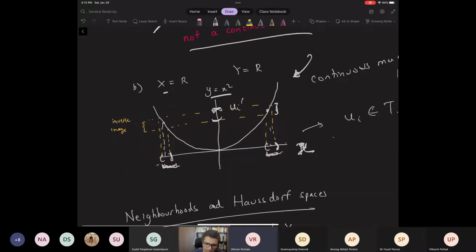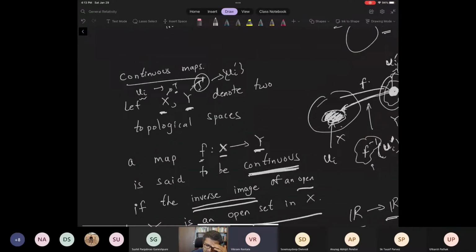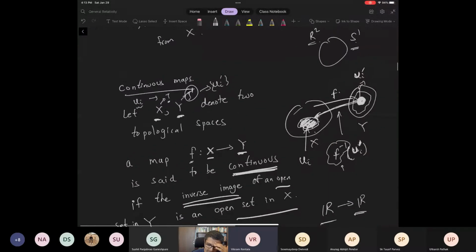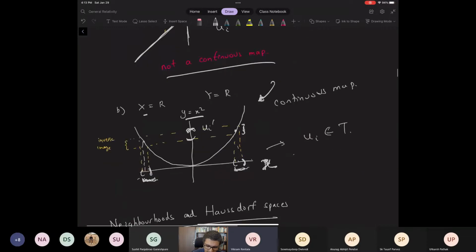Let me be clear about one thing. In the last class, I mentioned this just after the recording stopped. When I talked about a map from X to Y, the first thing is that the map didn't have to be onto, which means it doesn't cover the whole of Y. For example, y equals x squared doesn't cover the negative y, as you're saying.